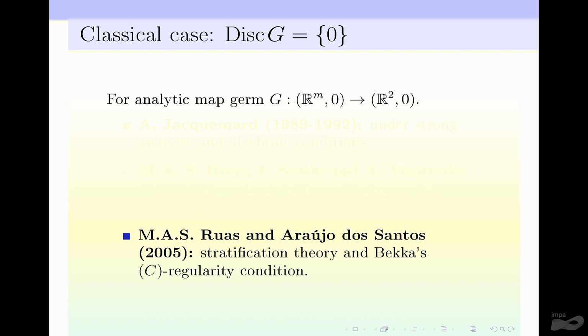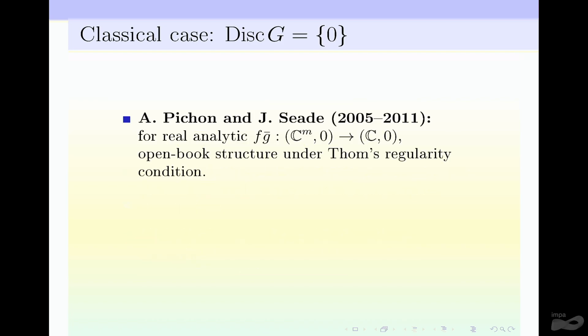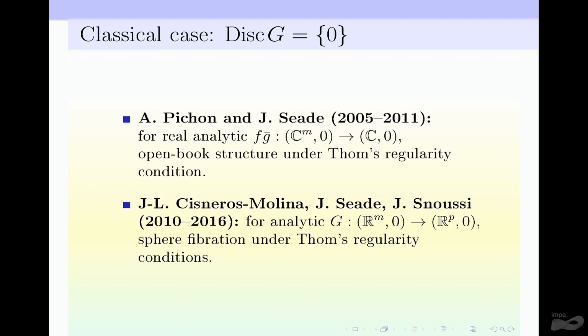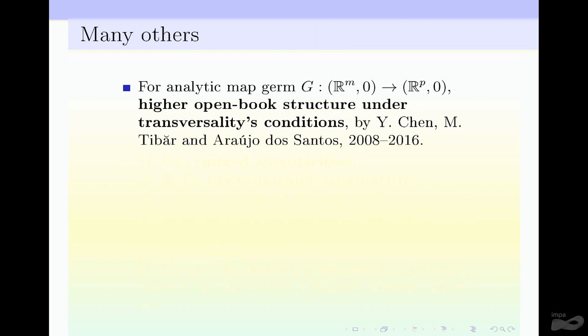So Pichon, Seade as well for f g bar functions. Cisneros, Molina, Seade, Snoussi, and it is not updated. They have done something new more recently. Anyway, what else? For higher open book structure under transversality condition, with Chen, Chiba, and so on.